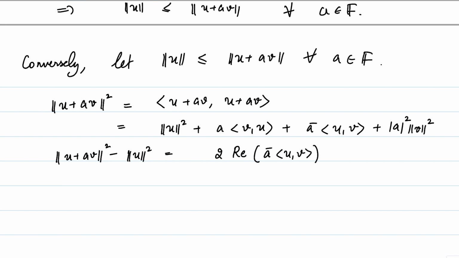Because a times the inner product of v comma u when added to its conjugate will give you 2 times the real part of one of the two. And a times the inner product of v comma u has the same real part as the complex number a bar times u comma v. I'm writing down everything under the assumption that our vector space may be a complex inner product space, so this makes sense. Plus mod a squared times the length of v squared.